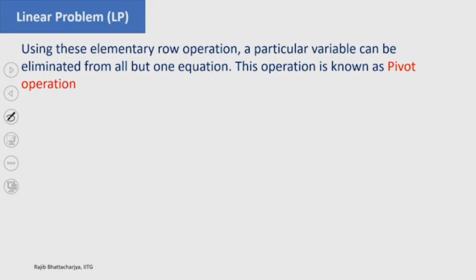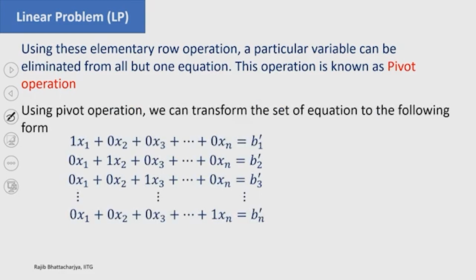In one equation I will keep it, and I eliminate that variable from the other equations, using these two row operations we have discussed. In this particular case, I am eliminating the x1 variable from the other equations. Okay.